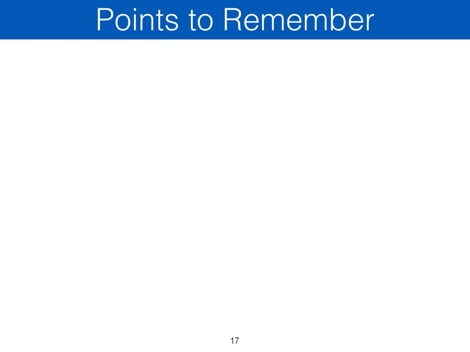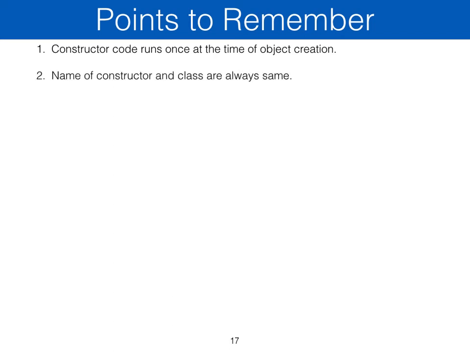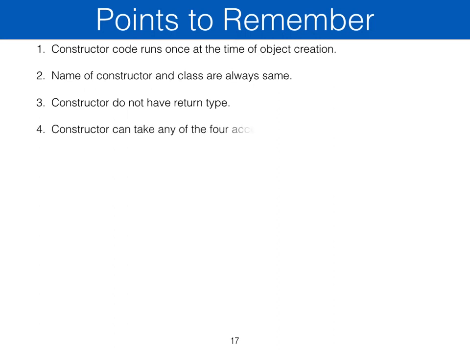Now a few points to remember. If you remember these things, you'll have a fairly good idea of what is constructor and how to use it. Constructor code runs once at the time of object creation. Name of constructor and class are always the same. Constructors do not have return type.